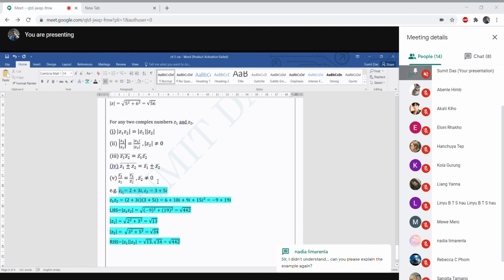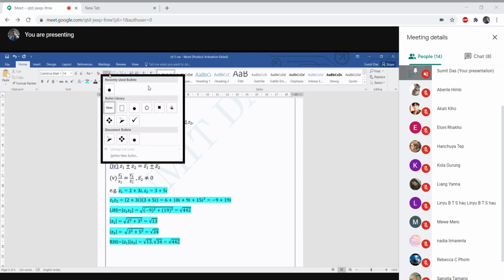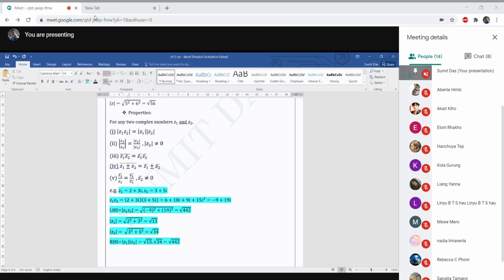So you can prove all these properties by using this formula. In your syllabus the proof is not there, so I'm not wasting time doing this.